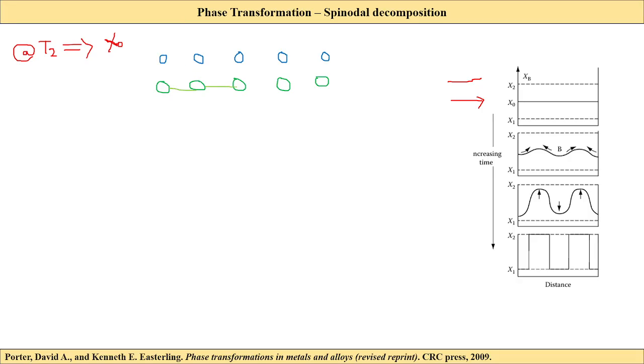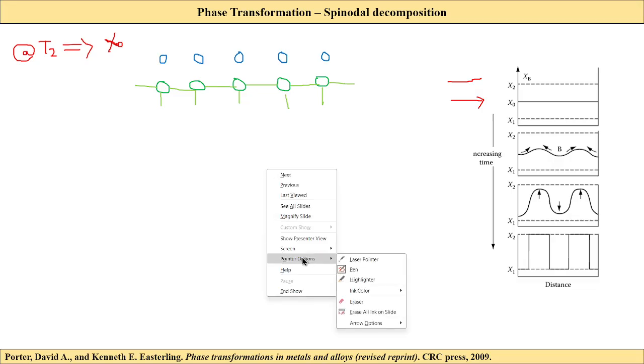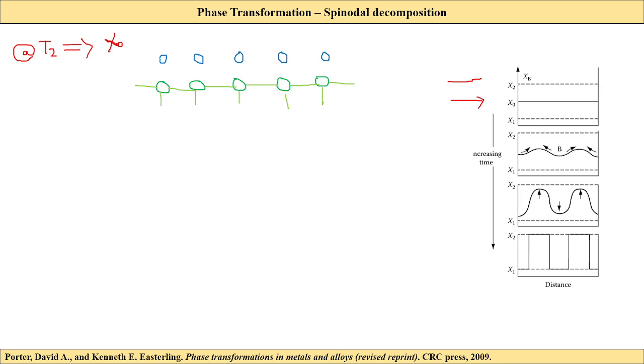So these are the bond lengths for these atoms, right? Now what about blue? Blue will also have a different bond length, and that is what we call the lattice parameter.